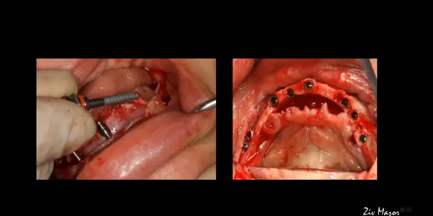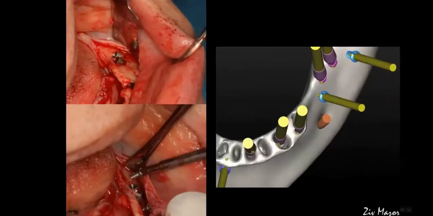So we see now the implants. Those are narrow diameter implants, 3 millimeters in diameter. You can actually see here that in the plan, there are 2 implants that need horizontal GBR, exactly as seen here in reality.